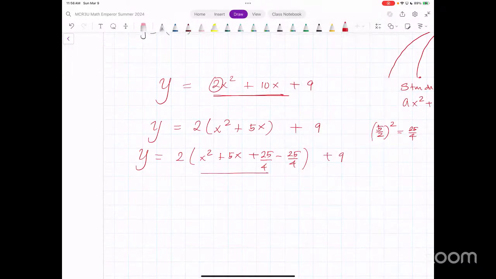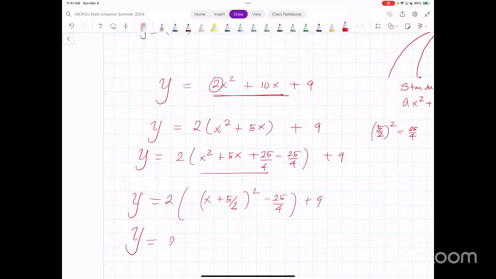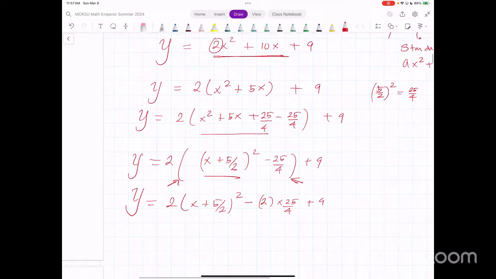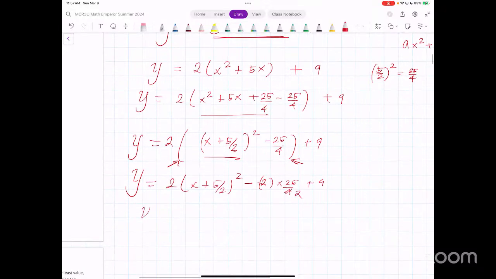The whole thing is x plus 5 over 2, whole thing squared, but minus 25 over 4 there, plus 9. So y is equal to 2 times x plus 5 over 2, whole thing squared, because you see that I need to multiply by the 2, and then minus 2 times 25 over 4 plus 9. You can simplify that.